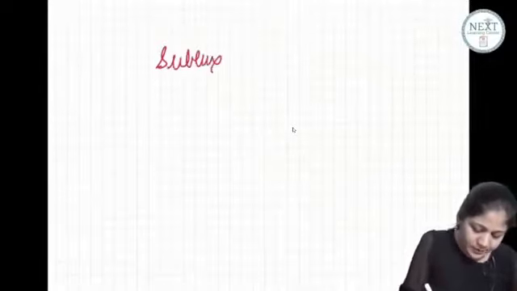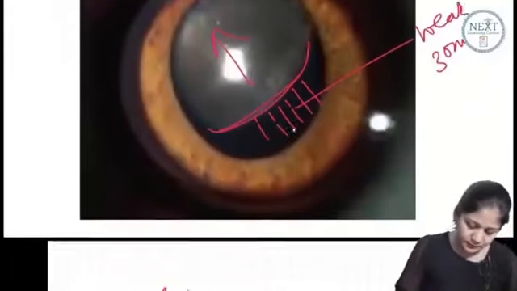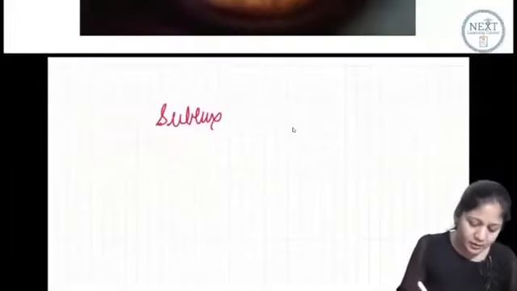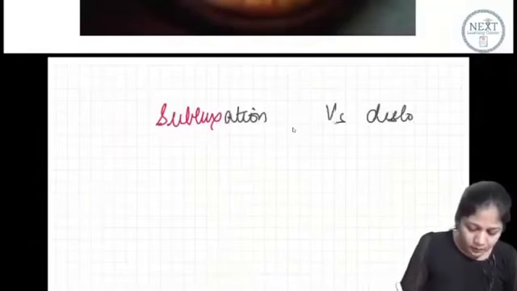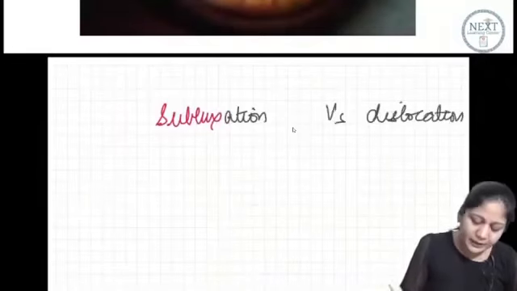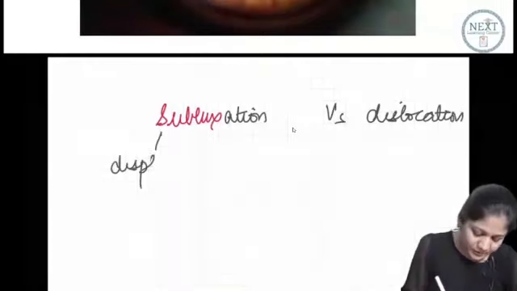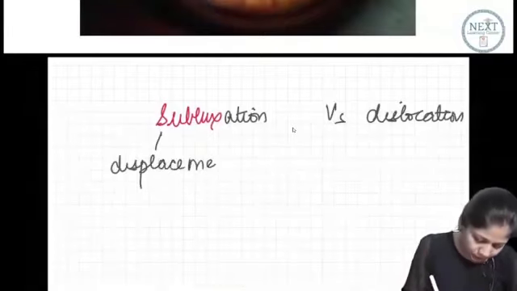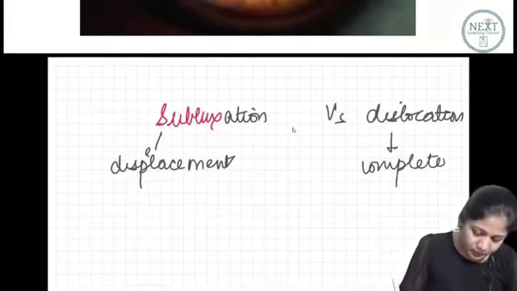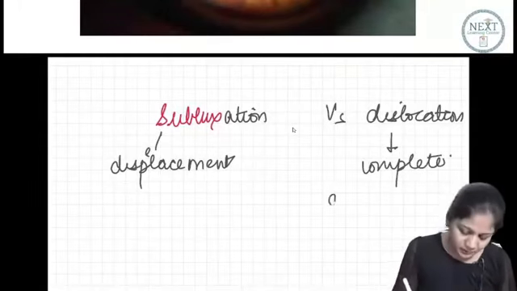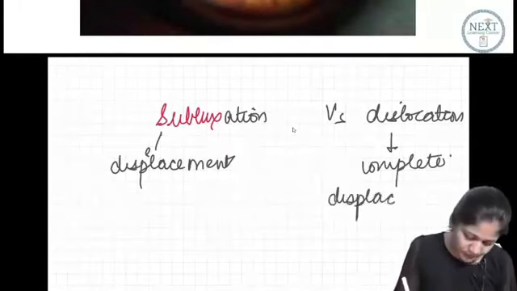What is subluxation? And what is dislocation? So dislocation is complete displacement. Subluxation is a partial displacement. And this is complete displacement from its place.